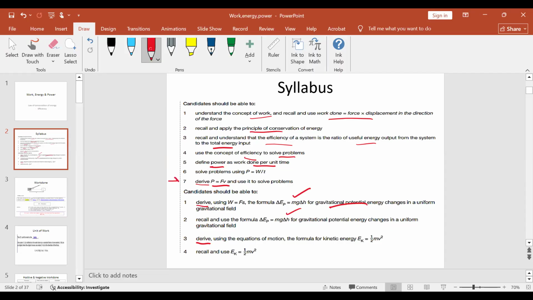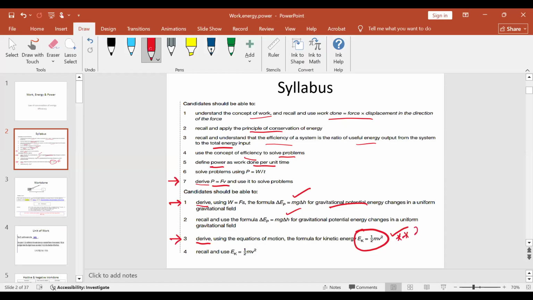One is that you should know the derivation of the power formula, P equals FV. You should know the derivation for the gravitational potential energy formula, mgh, and you should know the derivation of the kinetic energy formula, half mv square.